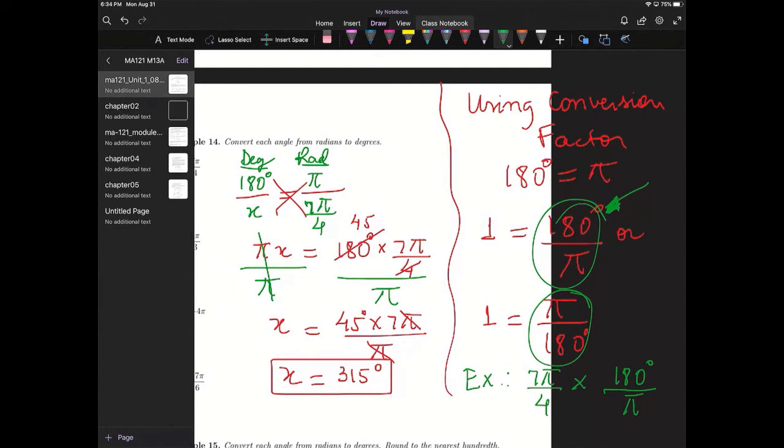I just need to simplify. For example, I cancel both pi's. I cancel 180 with 4. We already know this is 45 degrees. So if I take 7 times 45, I get the same answer, in fewer steps, of course.